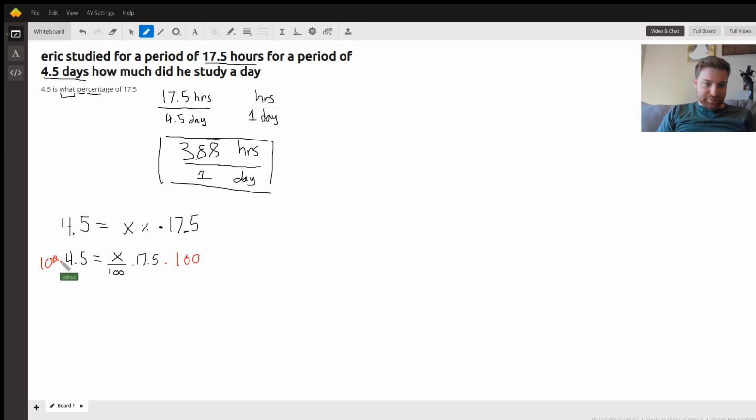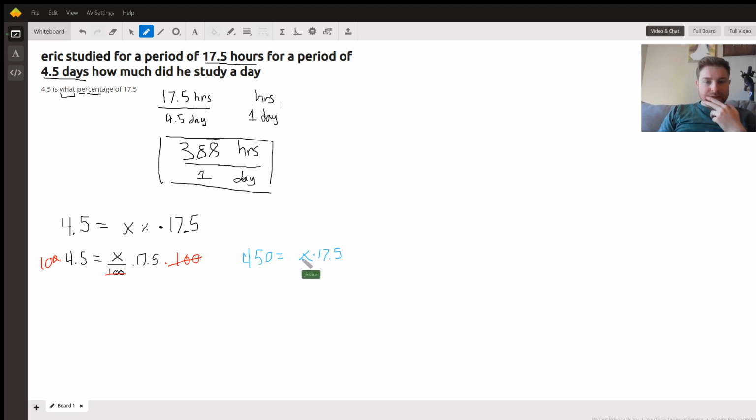Since the equal sign is making a statement that it's the exact same thing, if we do something on one side, we have to do it on the other side. So I notice the hundreds will cancel out, and 100 times 4.5 is 450. And that equals X times 17.5.